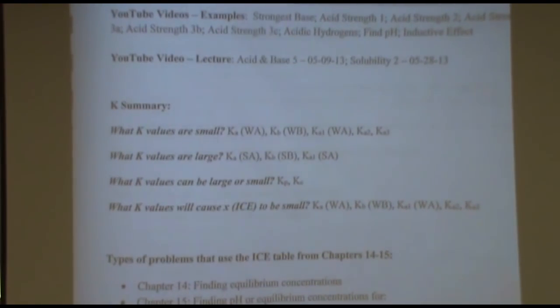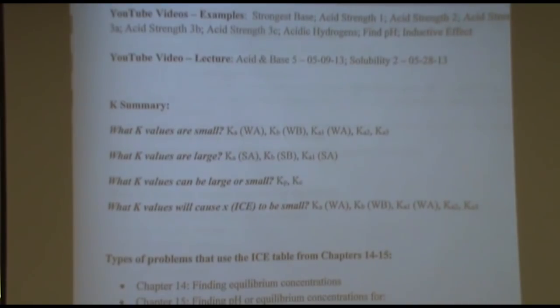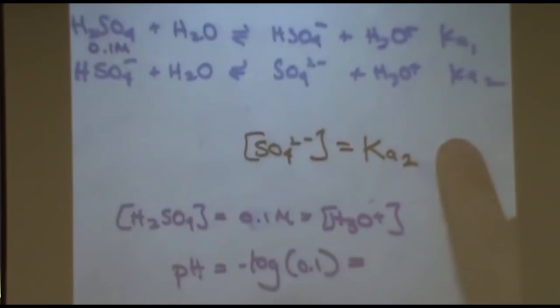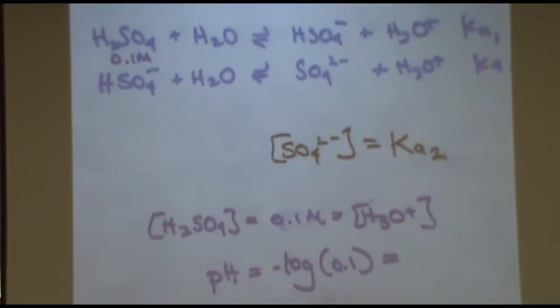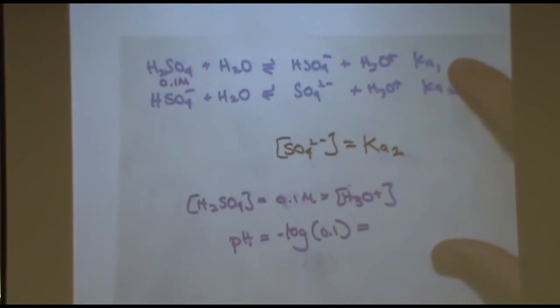Okay, let's see. Where are we at here? We just did the polyprotic. Any questions before I go to percent ionization? Yes? Student: A weak polyprotic acid. If this was weak, let's poll the audience. How would I solve for the pH?